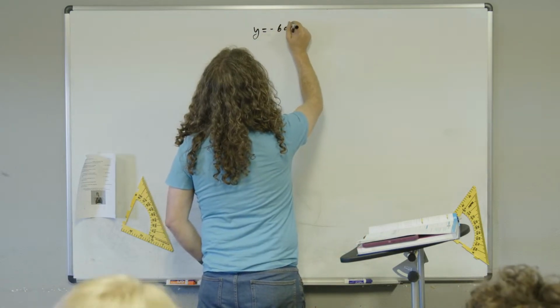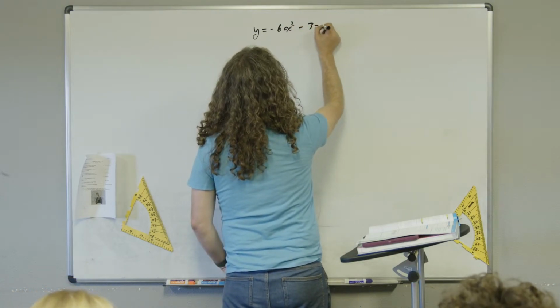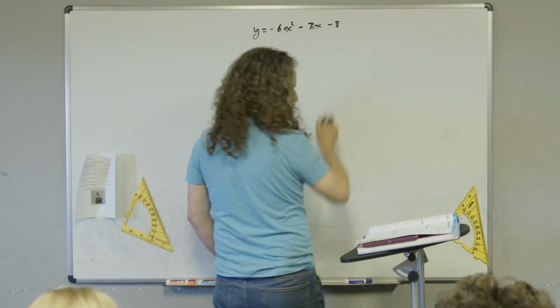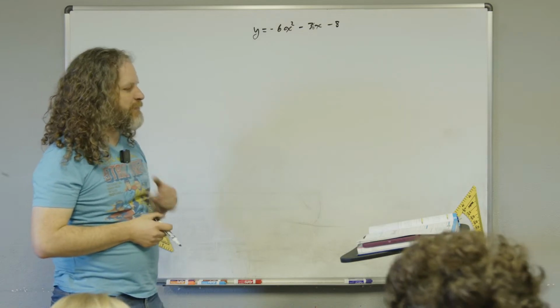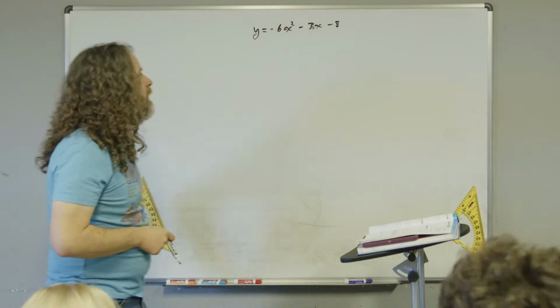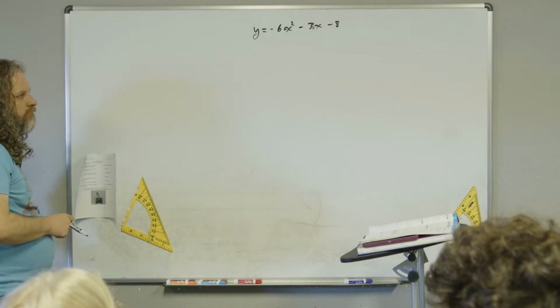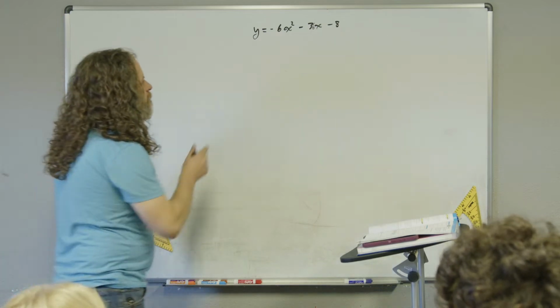Negative 6x squared minus 36x minus 8. We're supposed to find all the things, or write it in standard form, identify the vertex, axis of symmetry, and the direction of opening. So what should we do? Just factor out the negative 6, right?